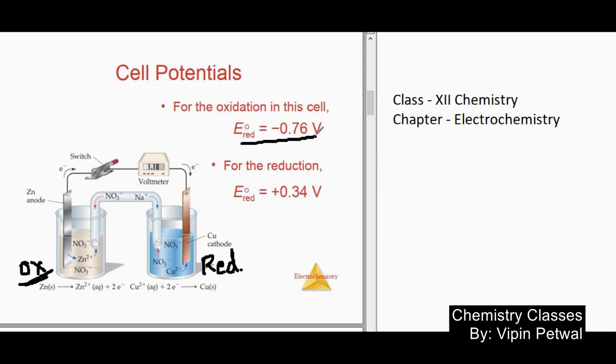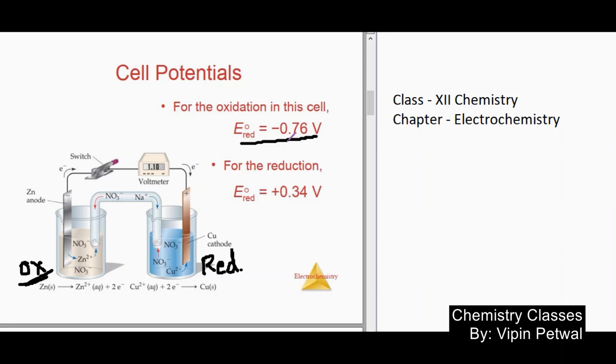So this one is the electrode potential of the oxidation half cell. Okay, it means it is the reduction potential of zinc, which is equal to minus 0.76 at standard condition.